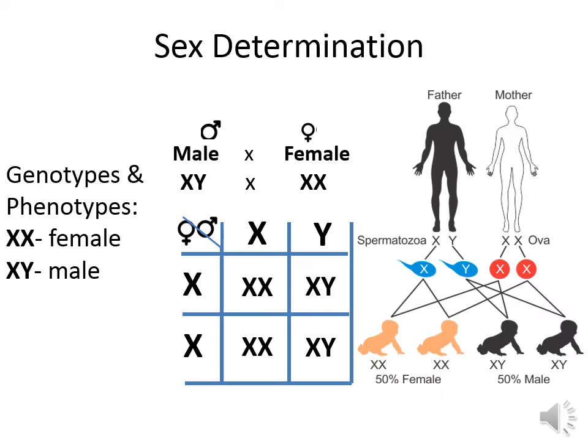We have X sperm and the Y sperm. As you can see, if the X sperm combines with the X ova of the mother, it results to a female. If Y sperm combines with X ova of the mother, it results to male. So ilang percent again? 50%.